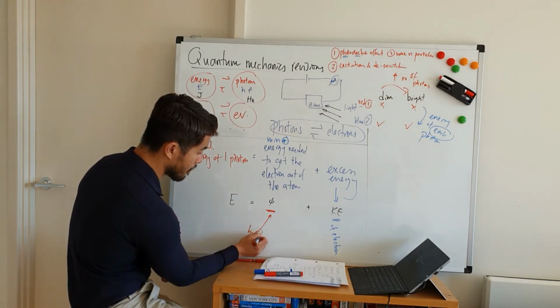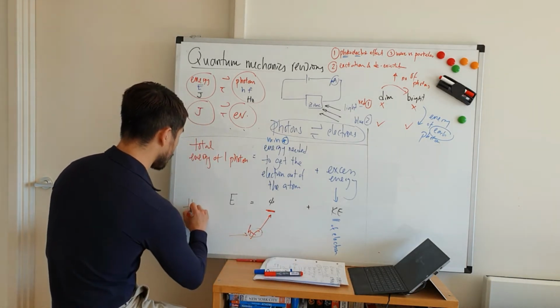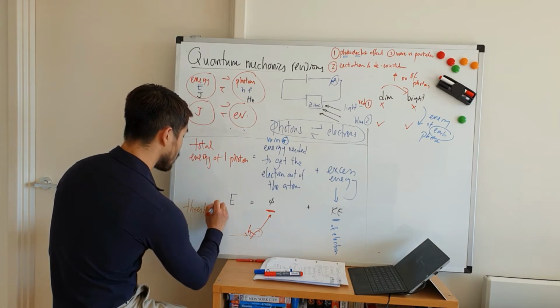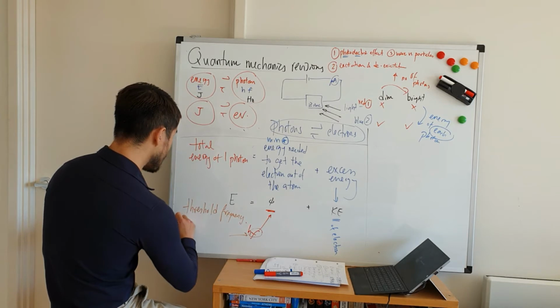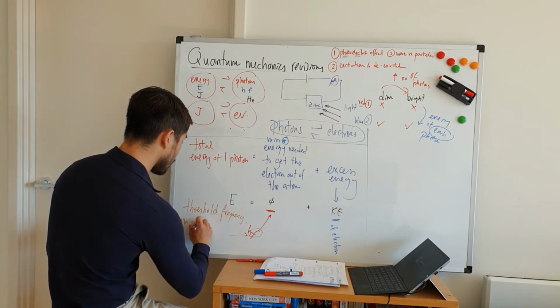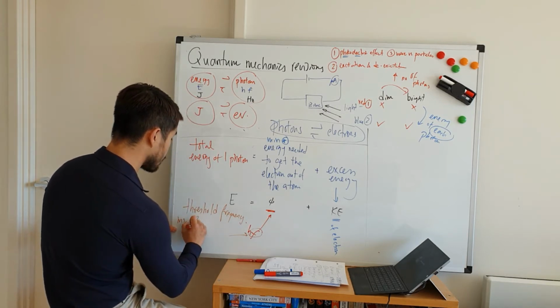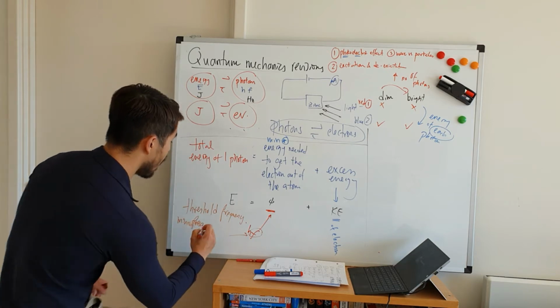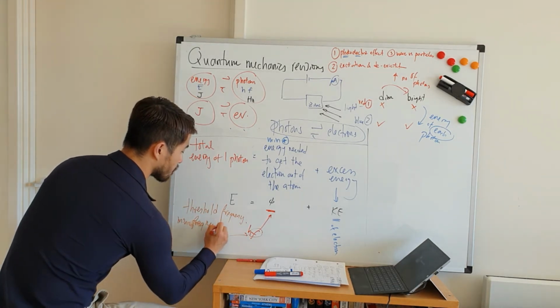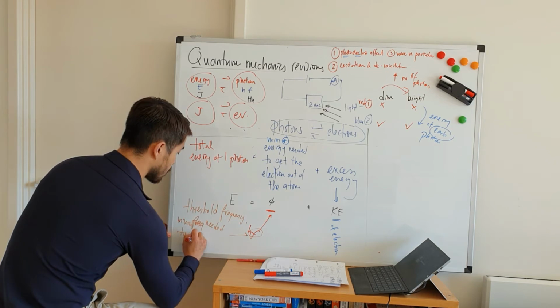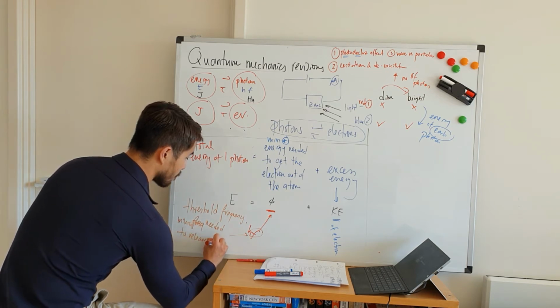And this f is called the threshold frequency. It's the minimum frequency needed to release an electron.